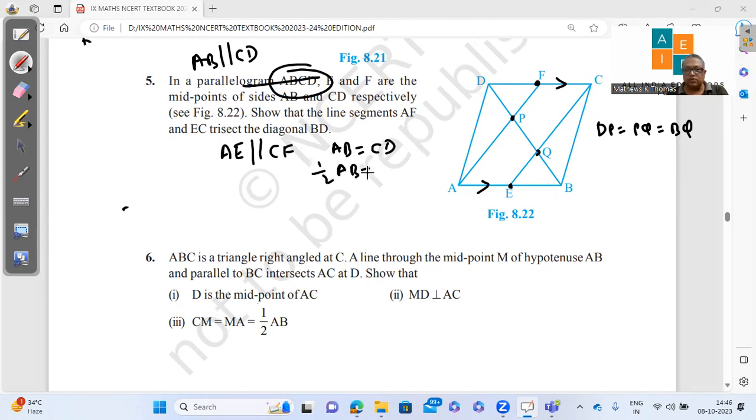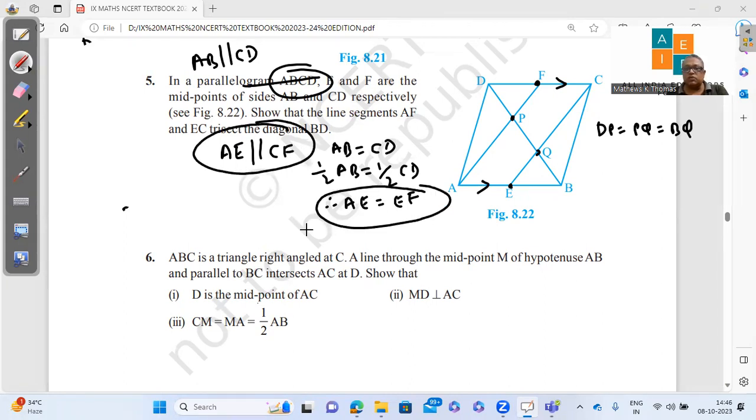So half AB is equal to half CD. Therefore, AE is equal to CF. From this we get AE parallel to CF and AE equal to CF. So AECF is a parallelogram.